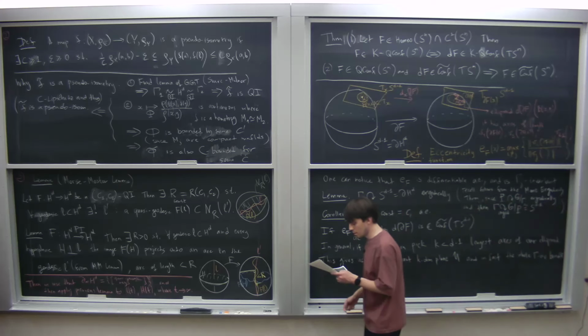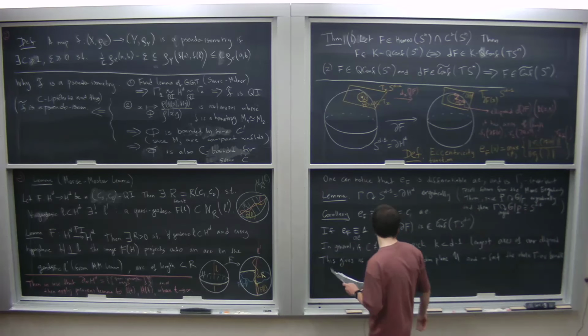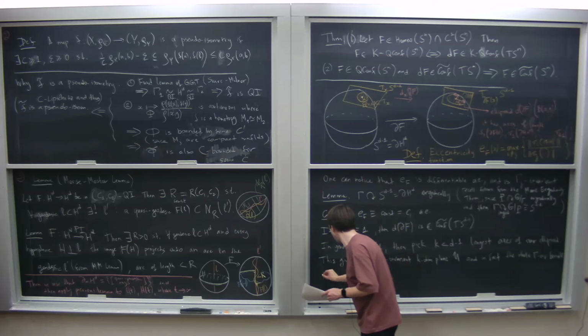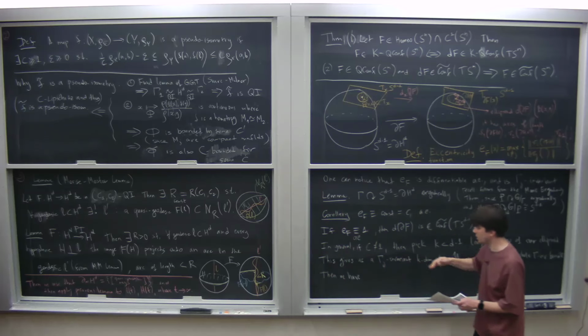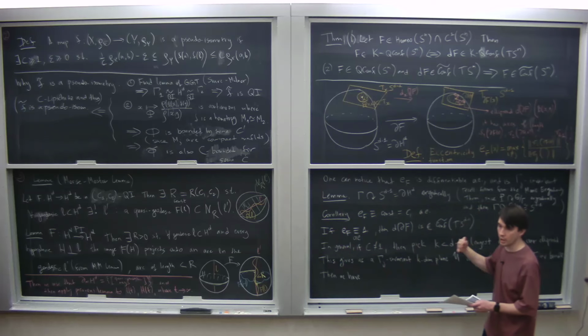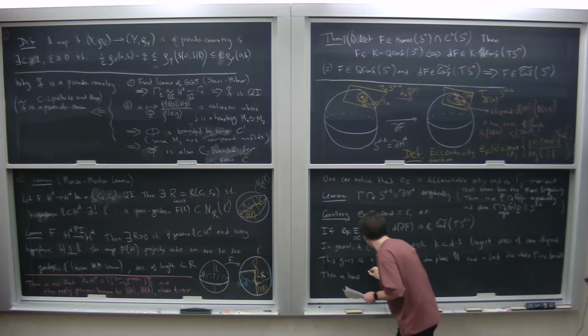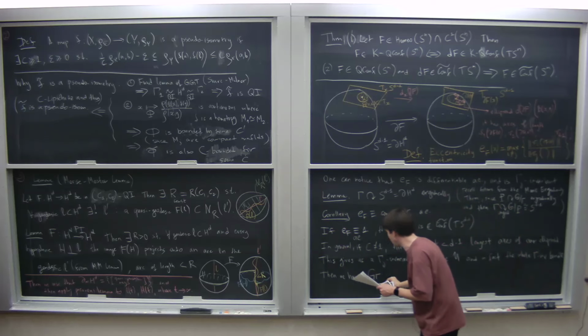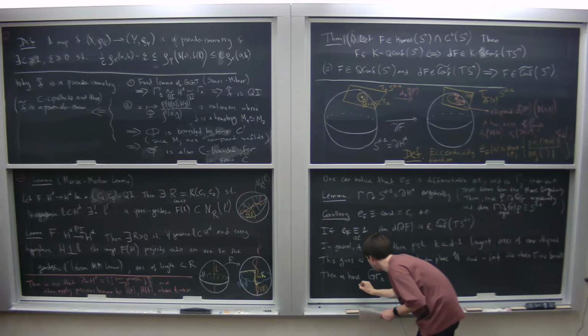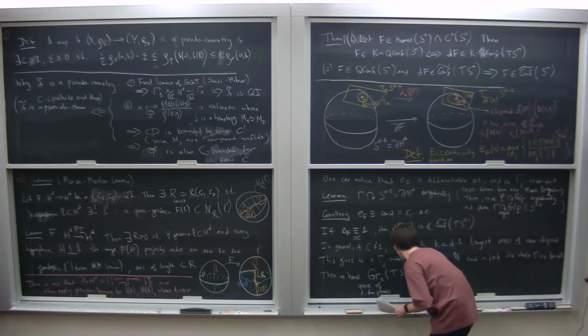Okay, then what do we do next? Then we have the Grassmannian, basically the space of k-dimensional planes in the tangent bundle of S^(D-1).